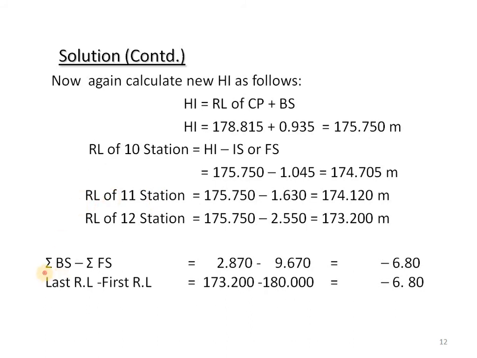So sigma BS minus sigma FS is equal to 2.870 minus 9.670. We will get minus 6.80, and the last RL minus the first RL is equal to 173.200 minus 180. We got minus 6.8, hence the check is okay.